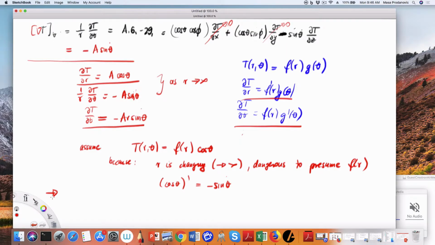Since all of these are derivatives, technically, we're going to assume a constant here, C0, because otherwise I'm just looking at derivatives. I don't want to miss anything.